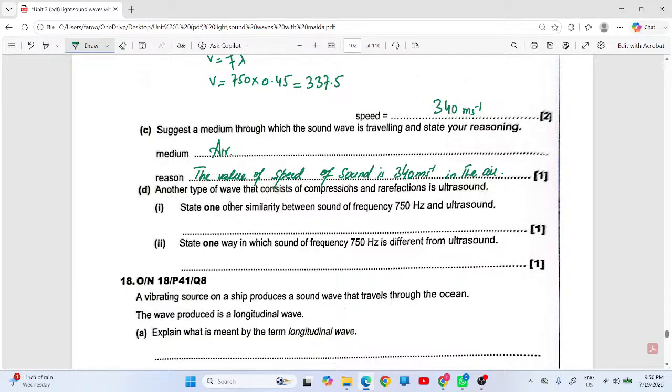Next, another type of wave that consists of compression and rarefaction is ultrasound. State one similarity between sound of frequency 750 Hz and the ultrasound. Both are longitudinal waves.